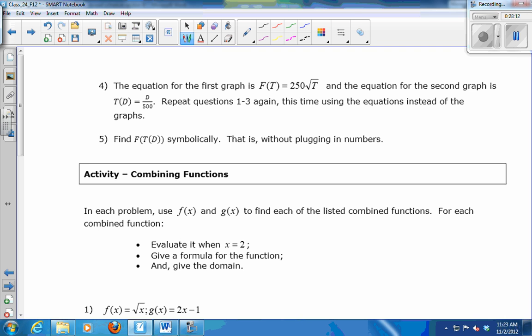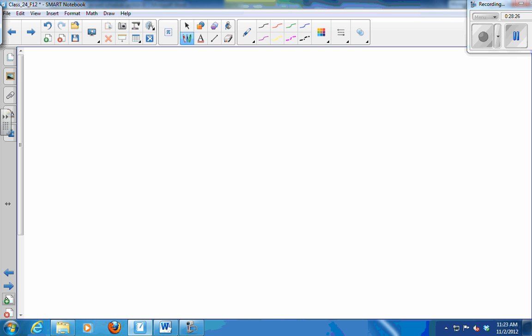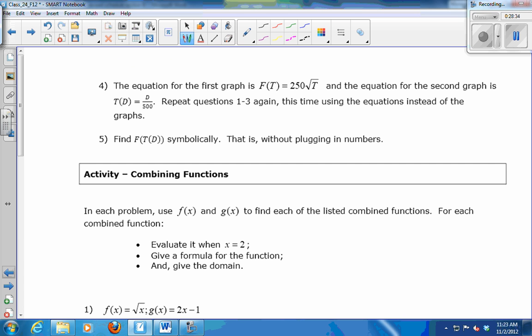Okay, so then this last one, we actually gave you an equation for each of the two graphs, and we were going to repeat them again using equations instead of graphs. So F of T is 250 root T. And T of D is D over 500.